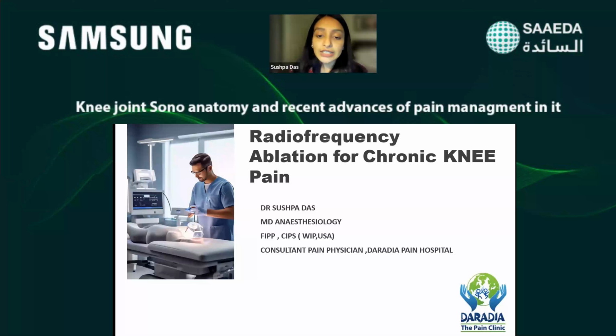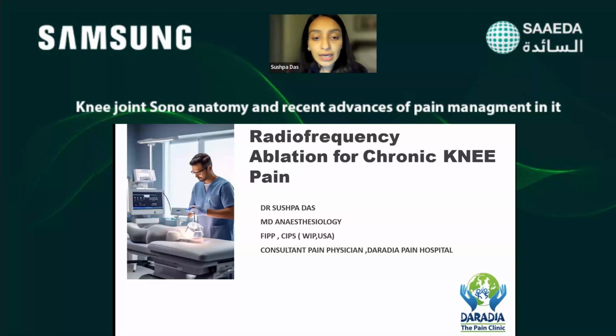For the early grades of osteoarthritis, we can go for the different intra-articular approaches for knee injection. In the later stages, grade 3 and grade 4, patients should mostly be encouraged to have total knee replacement.